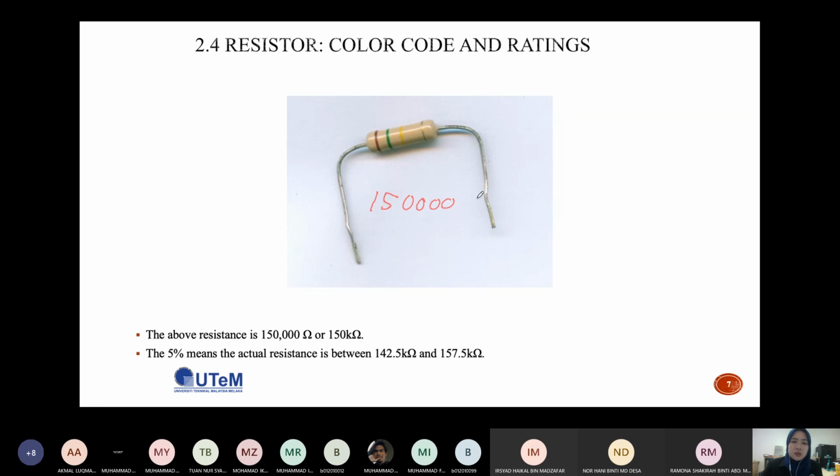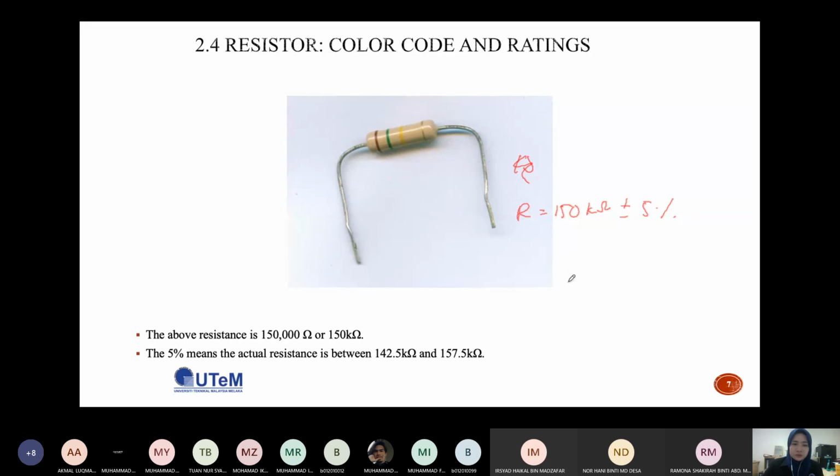This is actually equal to 150 kilo ohm. The tolerance band here is gold, so gold is plus minus 5%. The resistance is 150 kilo ohm plus minus 5%.